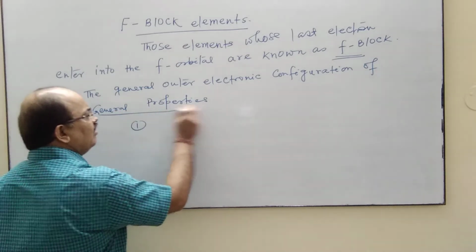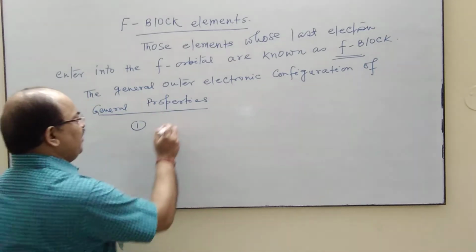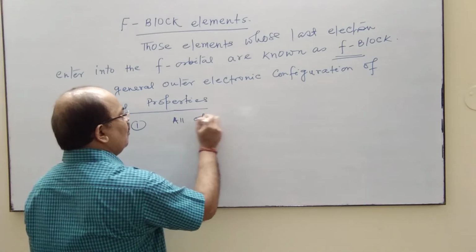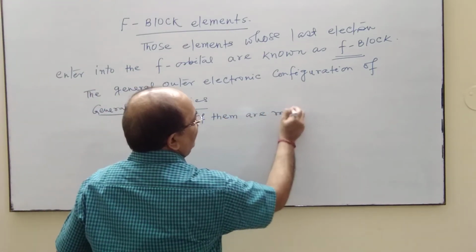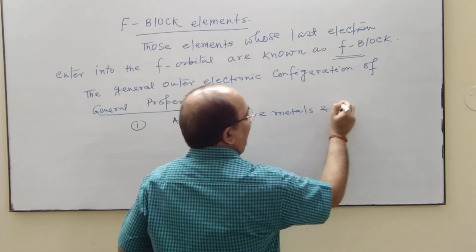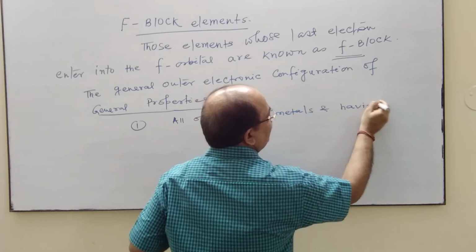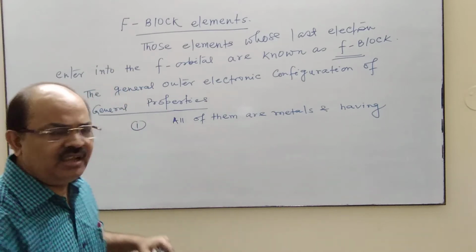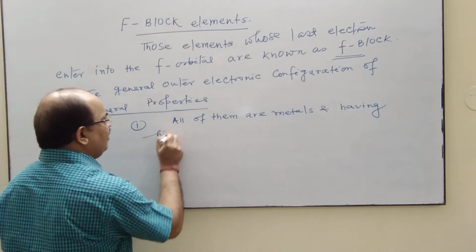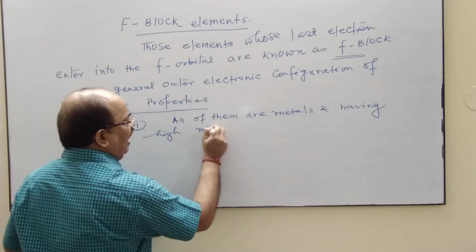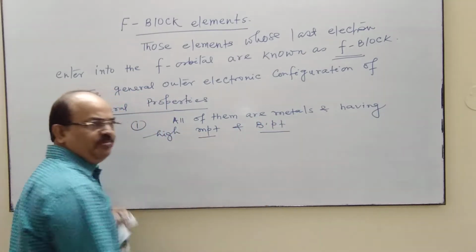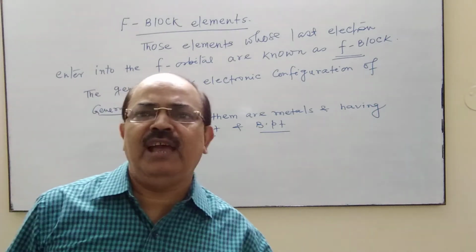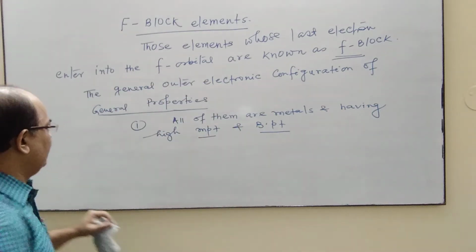Number 1, all of them are metals, having high melting point and boiling point. BPT is your boiling point and MPT is your melting point.